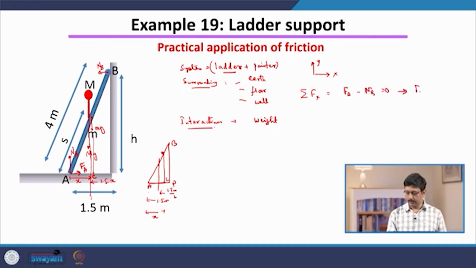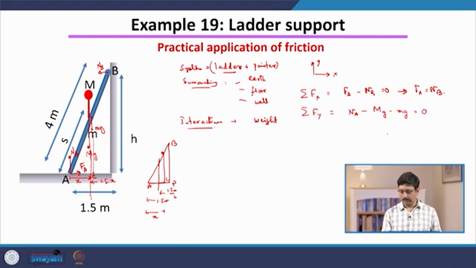This gives you an equation that F A is equal to N B, they cancel each other. Similarly, the total force in the y direction is N A minus M G minus small m g, which is the weight of the ladder, and this is equal to 0 for force balance, and that gives you an expression for N A.